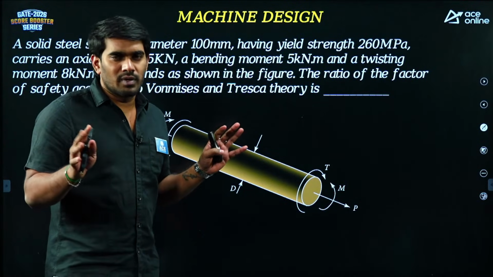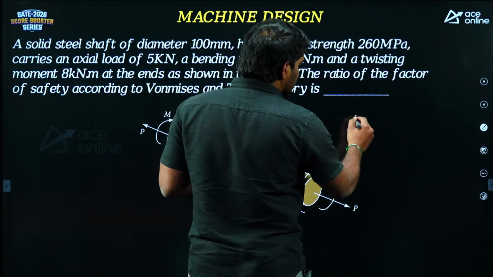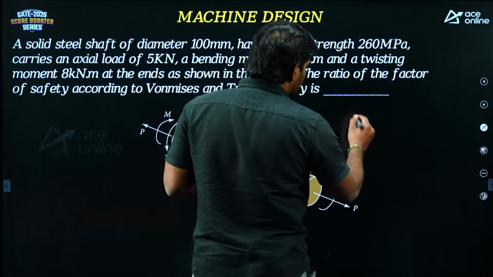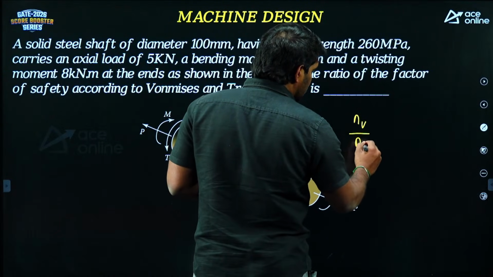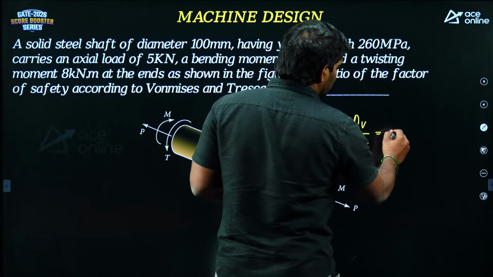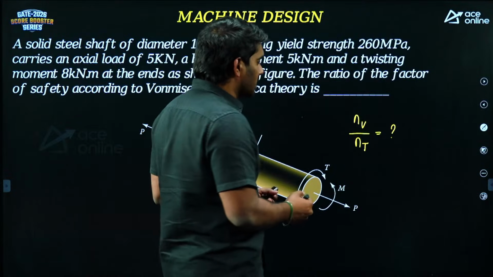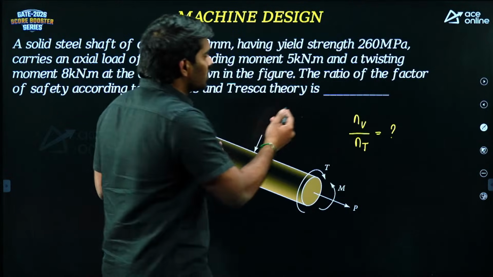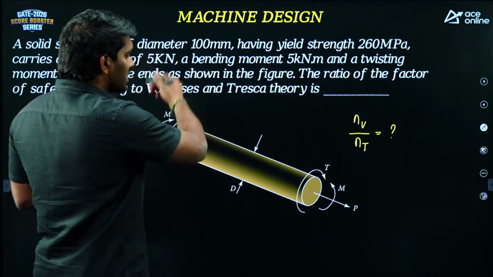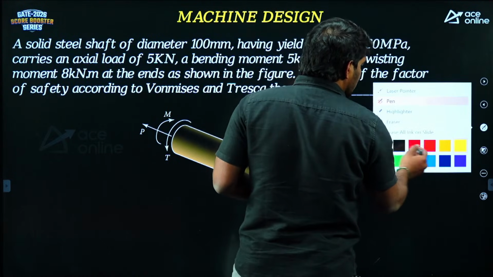We know that the factor of safety according to von Mises is represented by NV, and the factor of safety according to Tresca theory is represented by NT. We need to find this ratio, using the von Mises equation and the Tresca equation. This is a combined loading condition, so let's consider the state of stress.